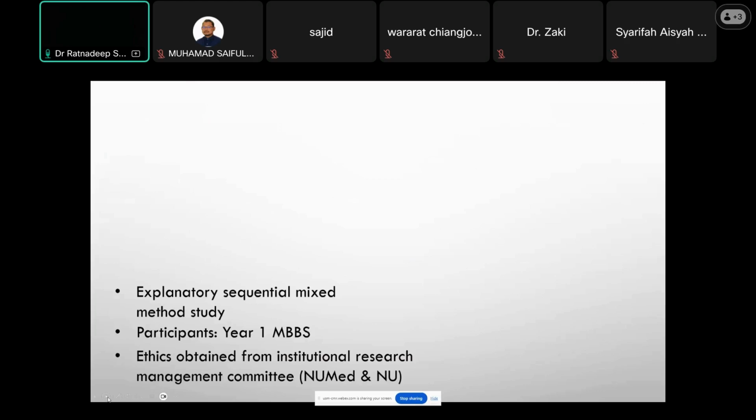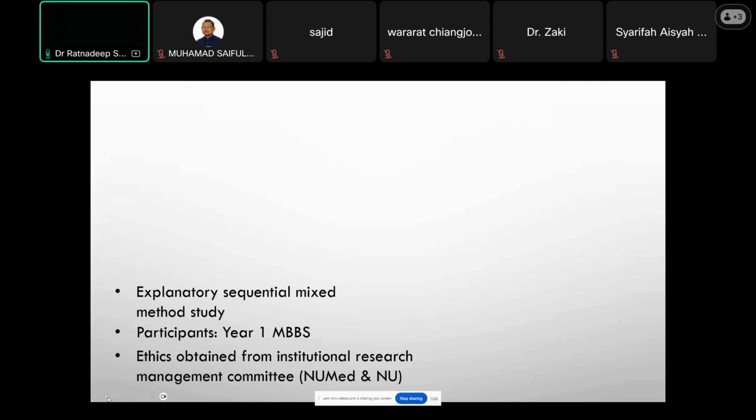So basically, our participants were year one MBBS students who actually experienced the CBL mixed modalities. We took the ethical approval both from NewMed and Newcastle University, UK. And while we collected the data, anonymity was ensured.